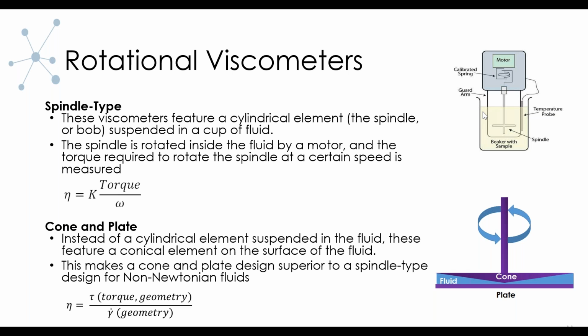In the previous slide, in order to calculate absolute or true viscosity, you need to know the shear rate. With cone and plates, you're able to precisely calculate shear rate, and so you can calculate true viscosity, which is much different than reference.